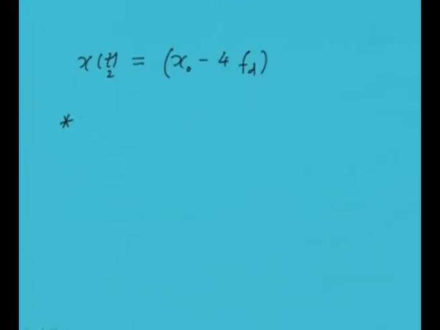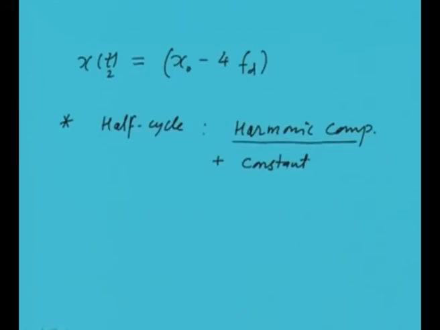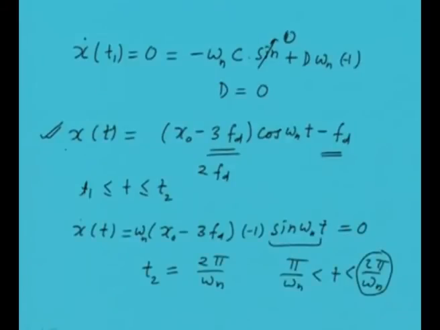So, first observation is that each half cycle which we have analyzed has a motion with a harmonic component plus some constant component of the motion. This harmonic component, if we see in the solution, is always omega n.